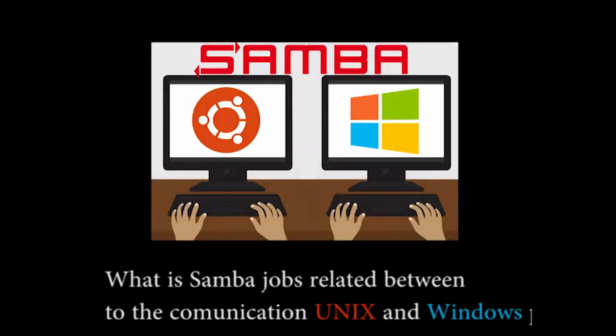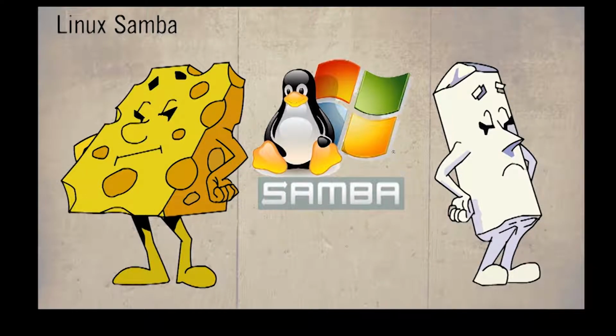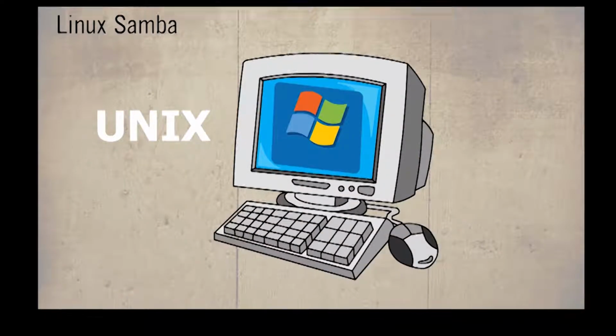So now let's see what is the relationship between Samba and different platforms such as Unix and Windows. Samba runs on Unix platforms but speaks to Windows clients like a native. It allows the Unix systems to move into a Windows network without causing a stir.